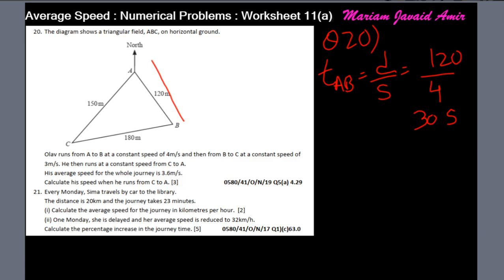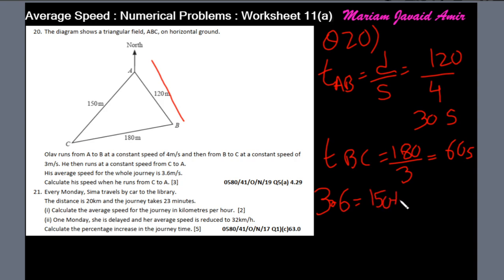Then from B to C, the time will be 180 over 3 meters per second, which gives us 60 seconds. Next, his average speed for the whole journey is 3.6 meters per second. So average speed is total distance, which is 150 plus 120 plus 180, over total time.